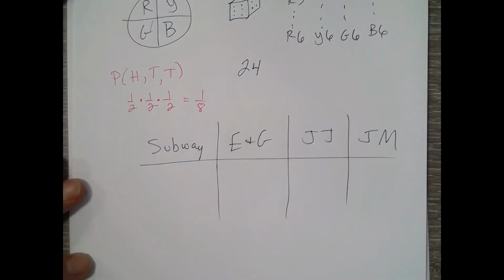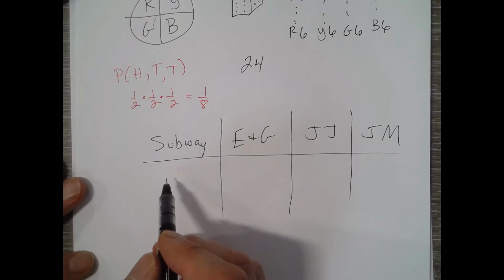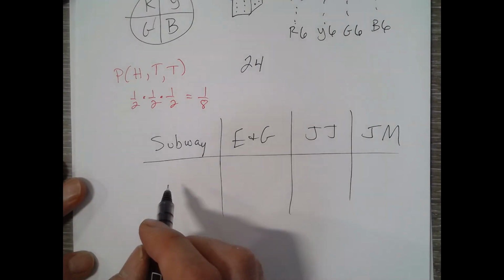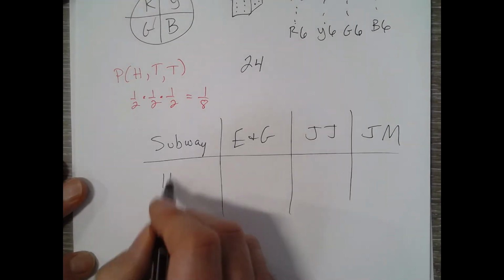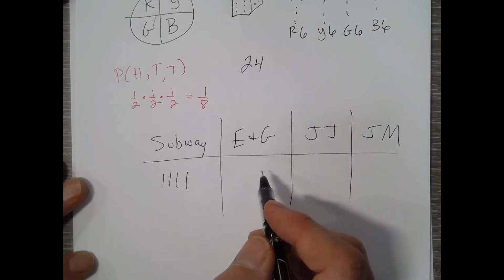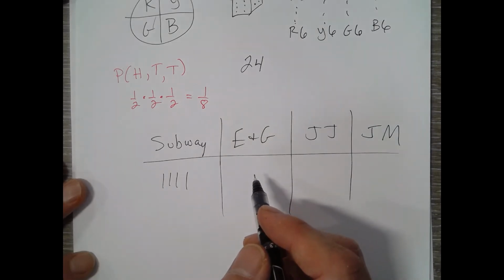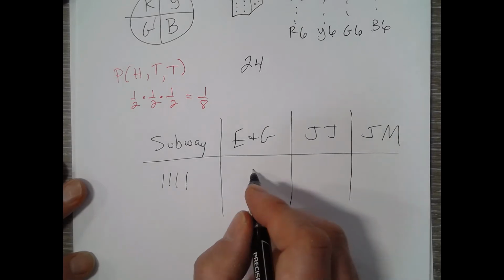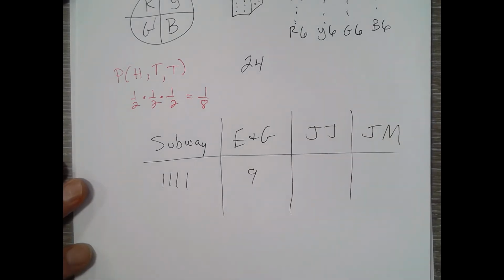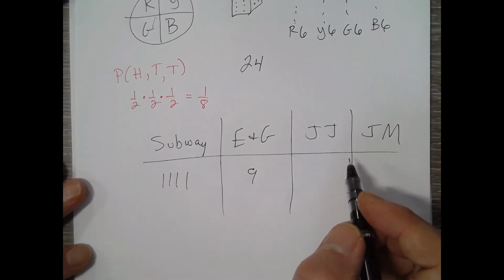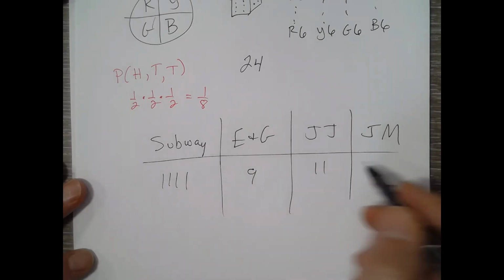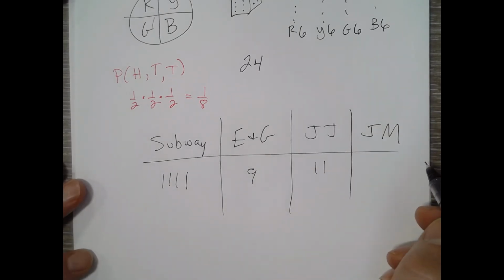Okay, raise your hand. Who says Subway's the best? Ooh, 4. Herbert's and Gerbert's. 1, 2, 3, 4, 5, 6, 7, 8, 9. We'll go 9. Jimmy John's. Unexpectedly only 2. And Jersey Mike's? Jersey Mike's gets shut out.